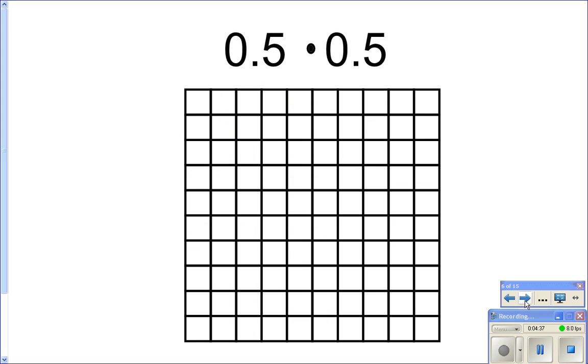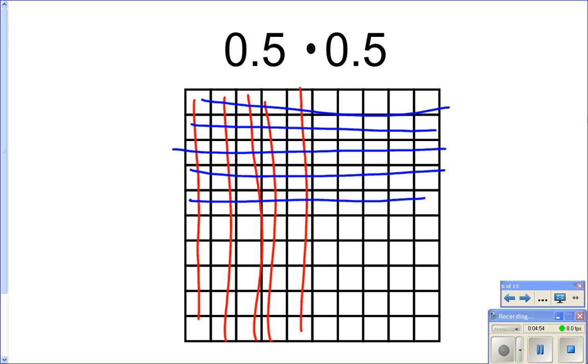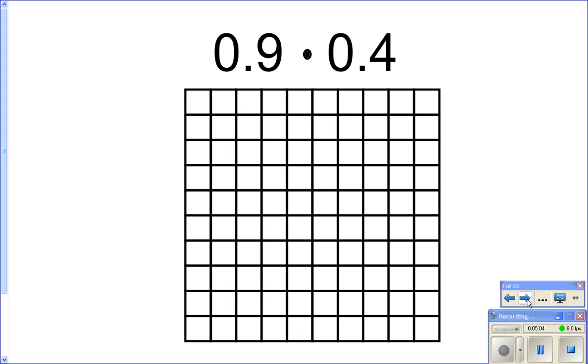The next one, 5 columns, 5 rows. If you were to count each square that has red and blue, you would get 25 out of 100 squares. Okay, last one, 9/10 times 4/10.